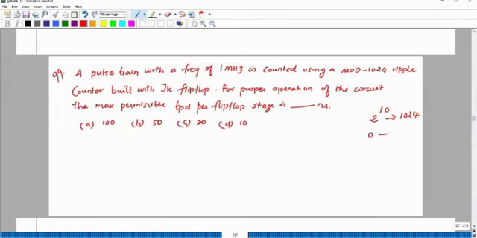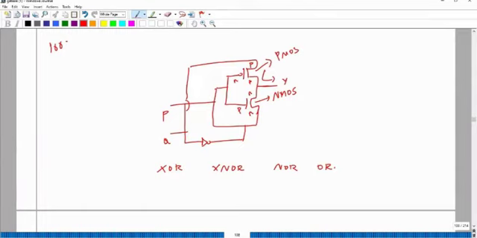Based on the input value of P, either PMOS will conduct or NMOS will conduct. If the value of P is 0, the PMOS will conduct.